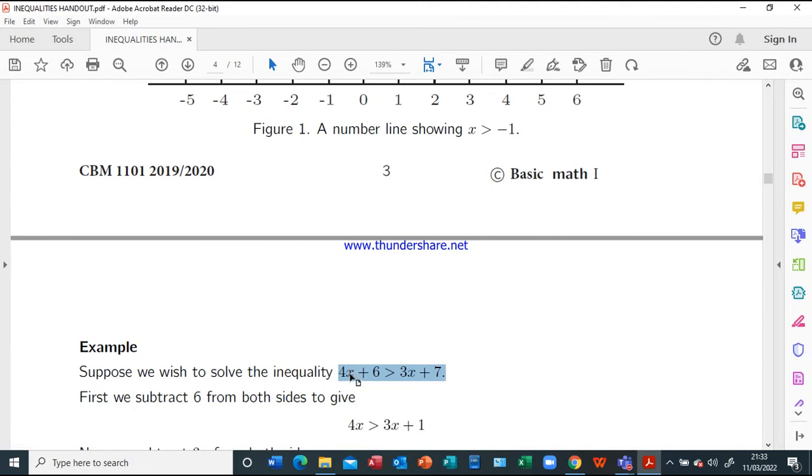On the left hand side you have 4x plus 6; take away 6, and you're left with 4x. On the right hand side you have 3x plus 7 minus 6, so you'll be left with 3x plus 1. Is that okay?